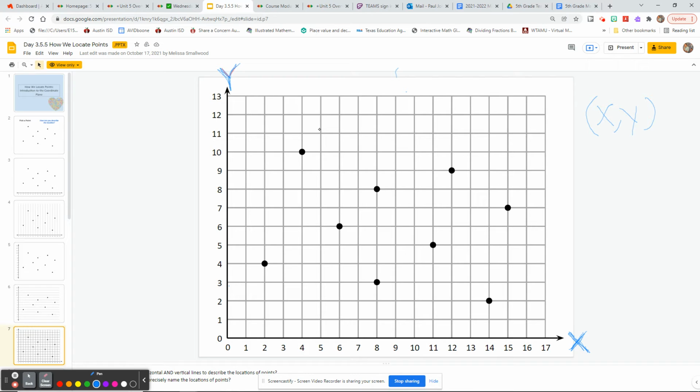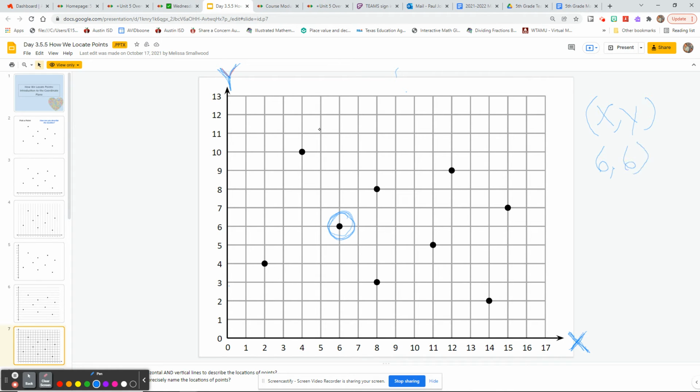all right? So your x-axis number, let's say that your point is this one right here. We're going to find out what number it is on the x-axis first. So that lines up with the 6. So our x-axis point is 6. And then we're going to check our y-axis point, which is also 6. All right.